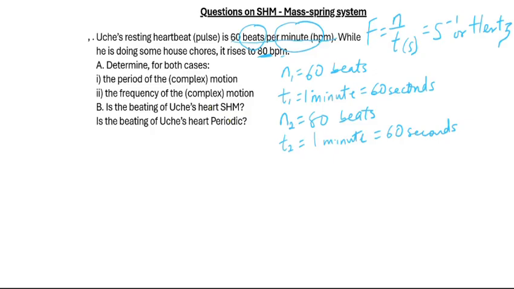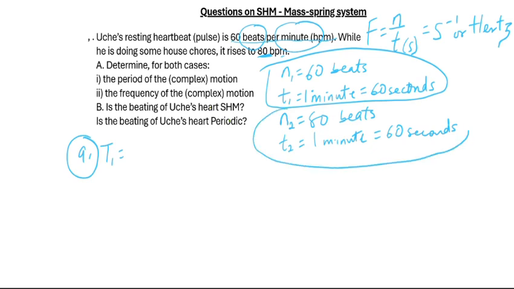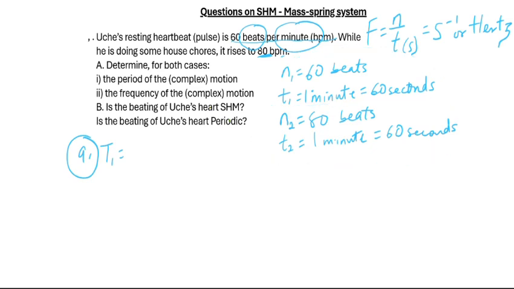The first question says, determine the period of the motion. Now, the period T1, let me do it here. The period T1, because for both cases, case 1, which is for this, and case 2, which is for this. So those are the two cases we are doing it for. First period is equal to time over number of oscillations.